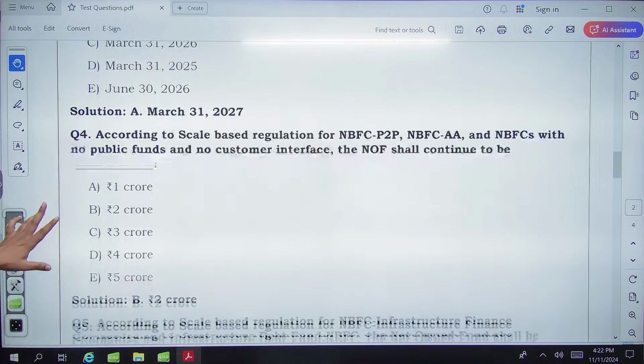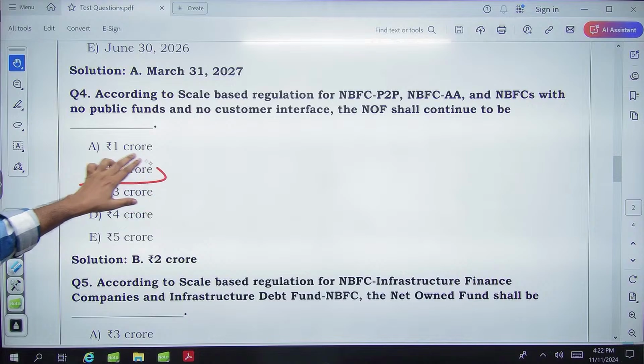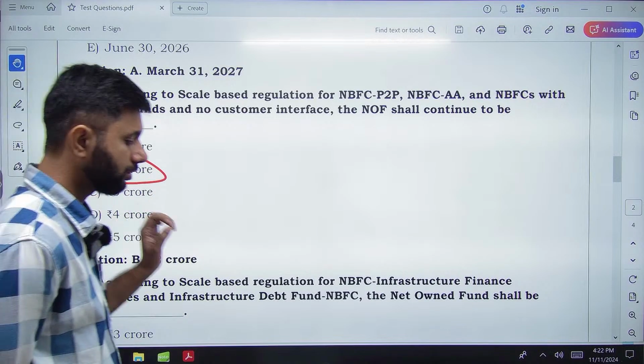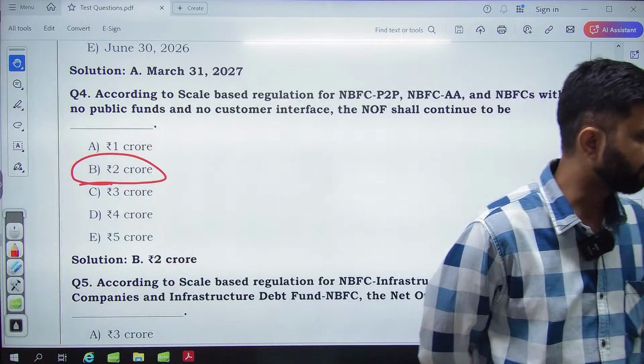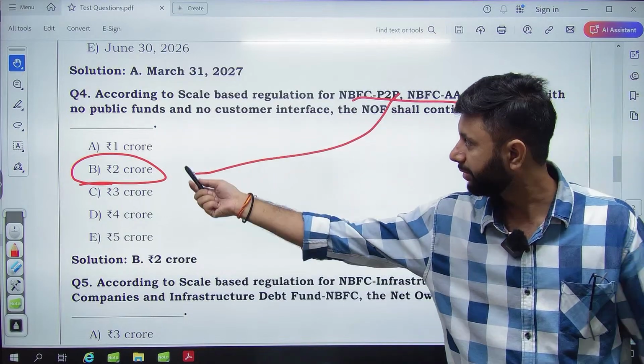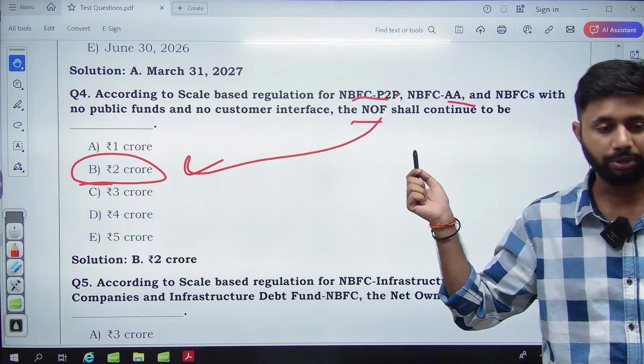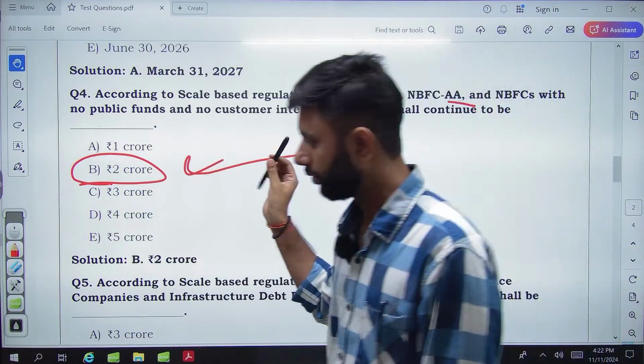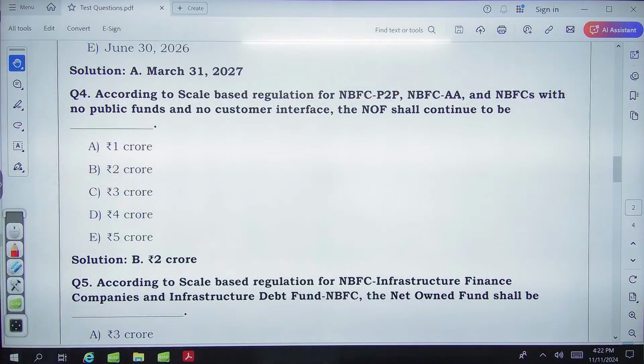Again, a simple question. The correct answer is B, 2 crores. Okay, so these are the things that you need to remember. P2P के केस में बेस लेयर वाली जो NBFCs है उनका minimum net owned fund continues to be 2 crores only. So 2 crore is the correct answer.